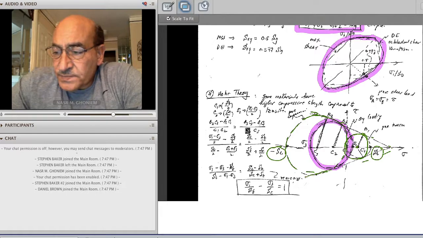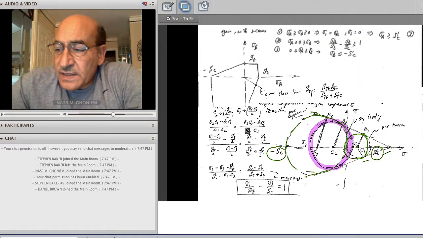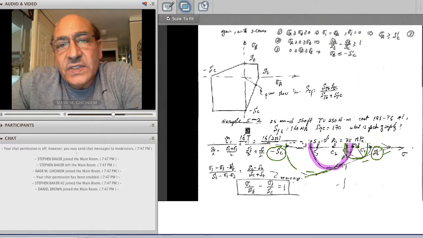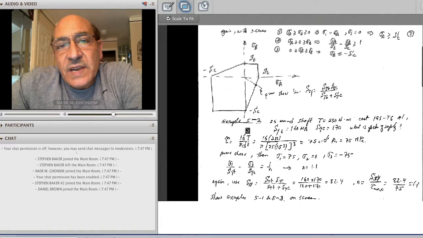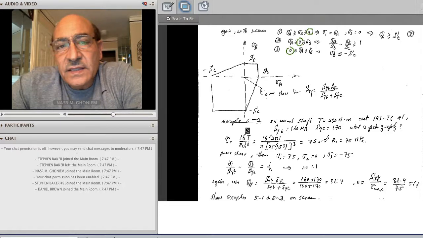So the end result of this step is that we end up with three cases like we did for the maximum shear theory, for the A and B and the zero. So the zero is here, zero in the middle, zero in the back, and the first location.